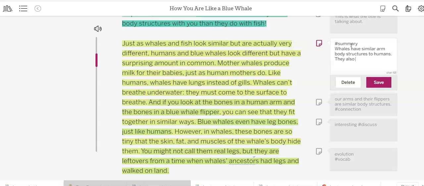They also breathe air like us and produce milk for their young. Period. And you know what? I'm going to go ahead and put whales have similar arm, body structures, and others.